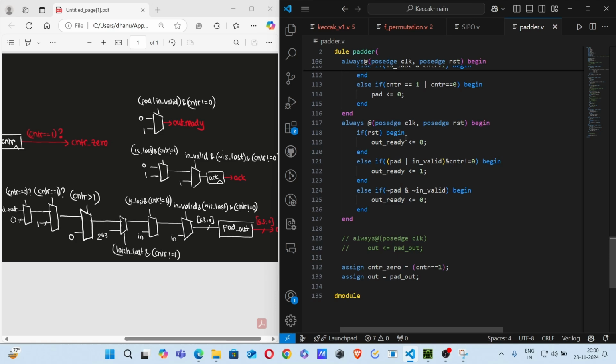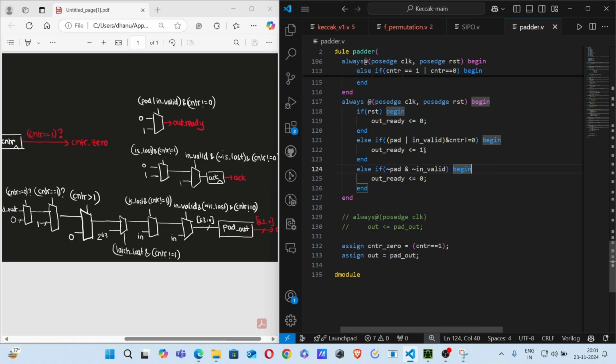Here, the out ready signal, which is given to the CPO, has been handled. Upon resetting, this goes to 0. Else, out ready will be 1 if either pad or invalid is there. And finally, when there is no padding required or input is available, then out ready will be 0.